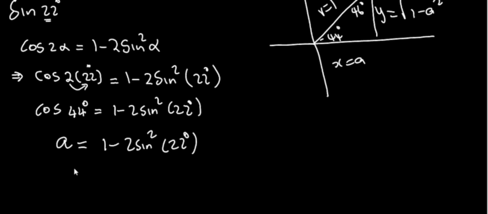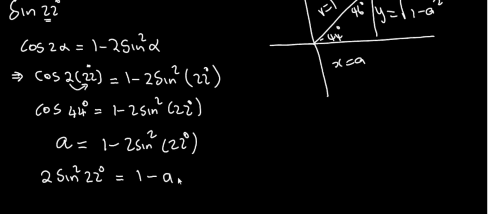What's next? To solve, I'm going to bring the 2 sine squared 22 to this side to be positive, so that everything can be easy for us. Then on the other side we're left with 1, and the a will go to the other side to be negative, so we subtract a. So this will be minus a.